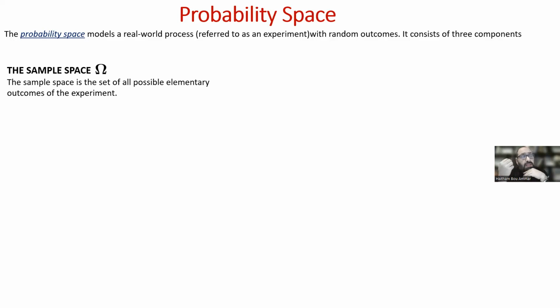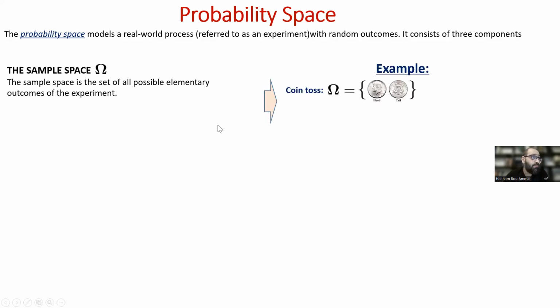For example, if I'm flipping a coin, I could have heads or tails. If I am throwing a dice, I can get the numbers 1, 2, 3, 4, 5, or 6, and so forth. All these possible elementary outcomes from the real-world experiment are defined in the sample space. It's the set of all possible outcomes I can have from an experiment.